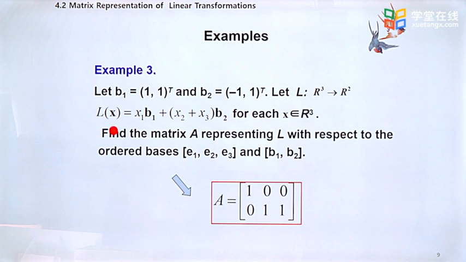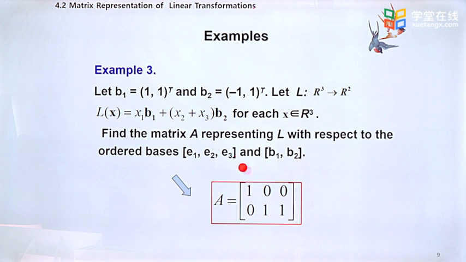Okay, and then we can write L(X) equals A times X, right? So Y should equal A times X. Y is just x1 here, and x2 plus x3 here. So it equals this matrix (1, 0, 0; 0, 1, 1) times this vector x1, x2, x3.